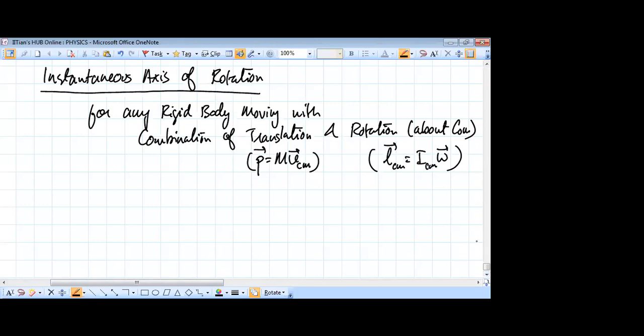So any such rigid body, even if it is not a free rigid body, it's constrained, then obviously the instantaneous axis is the fixed axis.